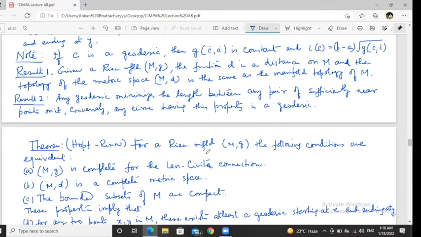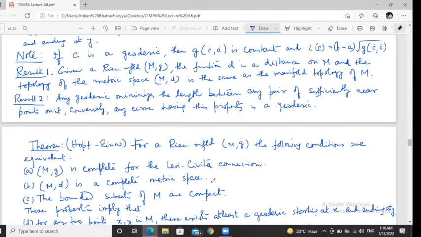For a Riemannian manifold (M, g), the following conditions are equivalent: (a) (M, g) is complete for the Levi-Civita connection; (b) (M, d) is a complete metric space; (c) the bounded subsets of M are compact. So these three are equivalent.